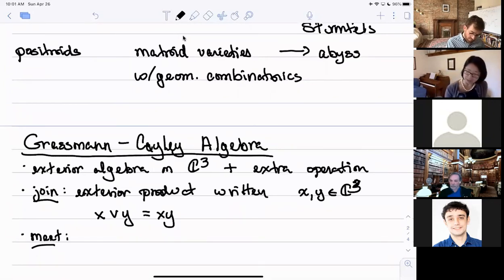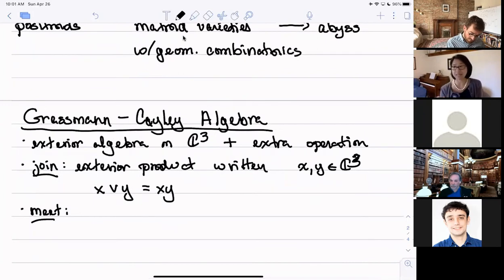So for example, I'm just going to define the meet in a special case because this is all we need for the talk. If I have the join of two vectors x, y, and I want to meet it with the join of two other vectors, w, z, here's what it's defined to be.